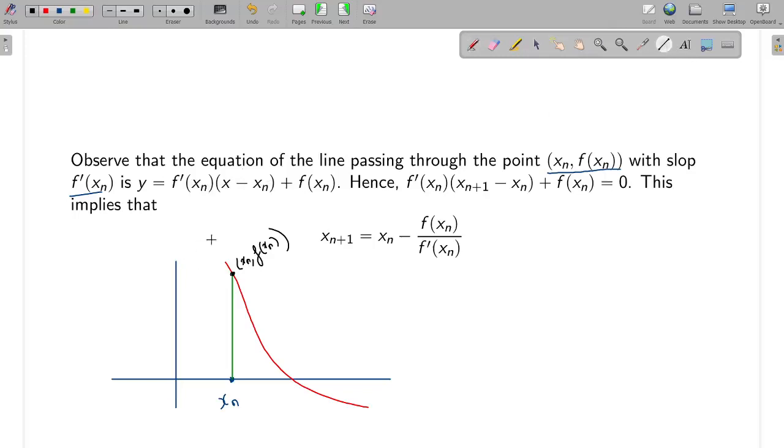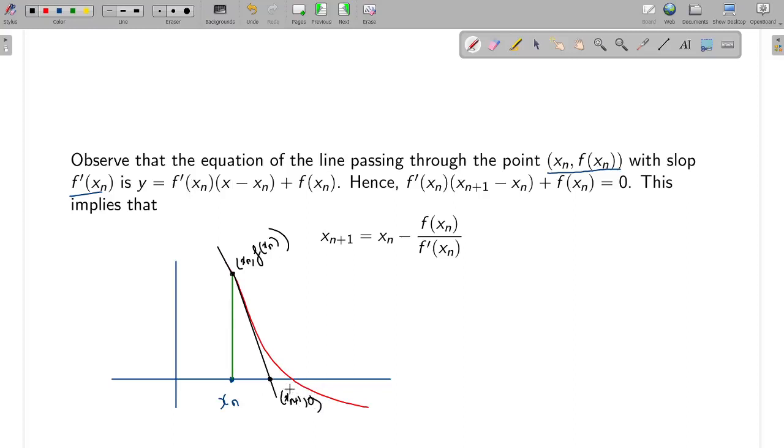This line with the slope as the derivative would be the tangent. Let us extend it. So this is my point xn plus 1 comma 0.